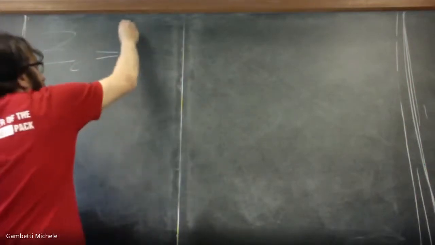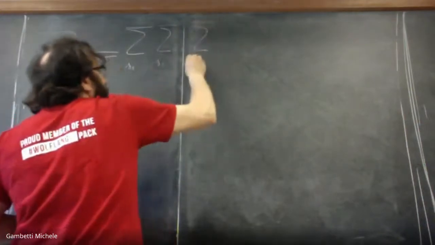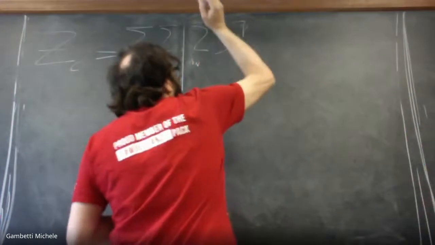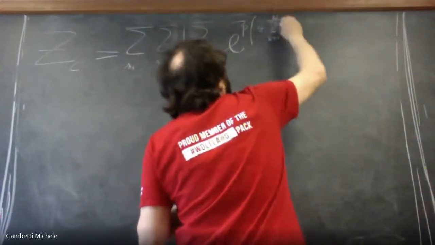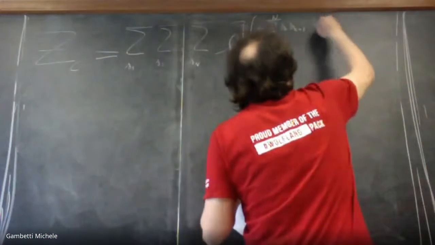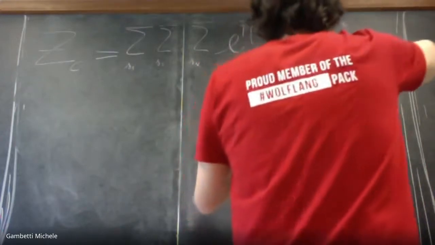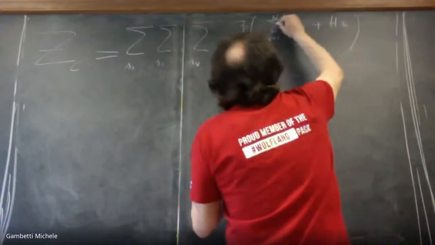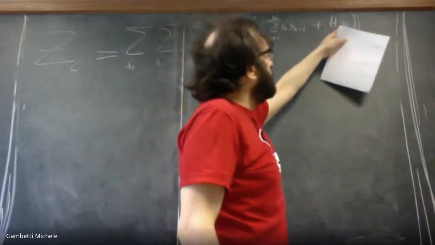Now I will write first, and then I will comment: sum over s_1, sum over s_2, sum over s_n of e to the minus beta energy, so it's beta which multiplies epsilon times the coupling, sum over k from 1 to n of epsilon s_k s_{k+1} plus h s_k.